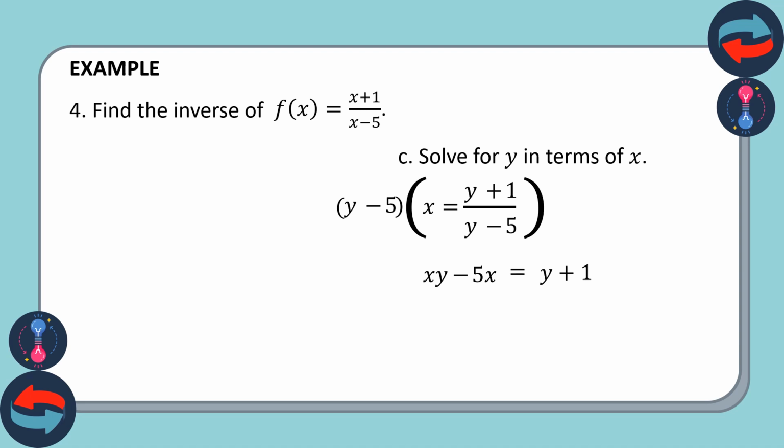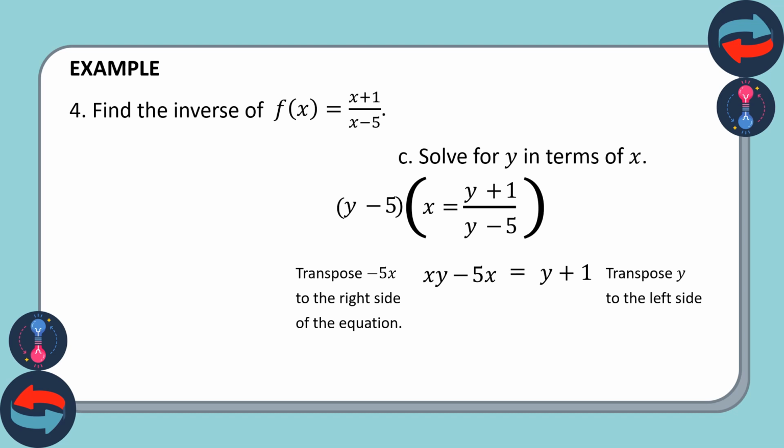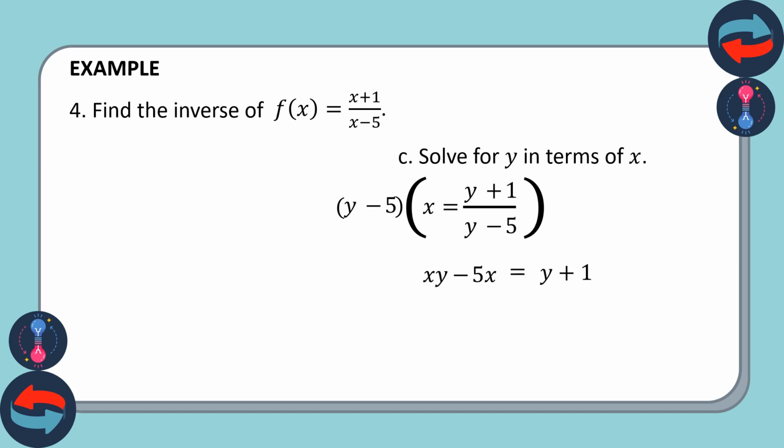Our next step is to transpose negative 5x to the right side of the equation. We also transpose y to the left side of the equation. Our equation is now written as xy minus y is equal to 5x plus 1.